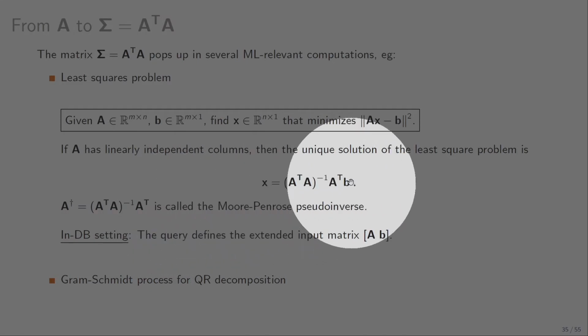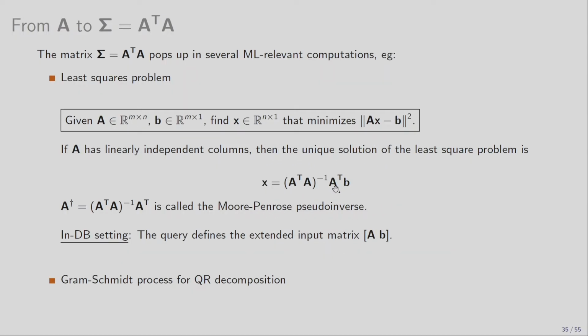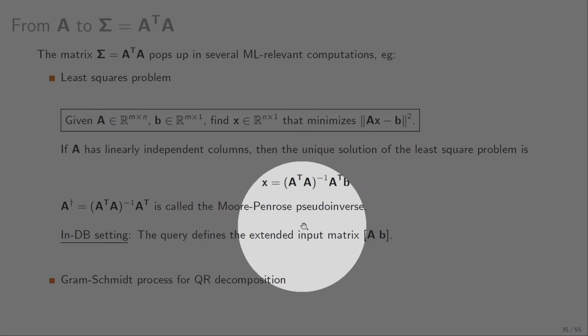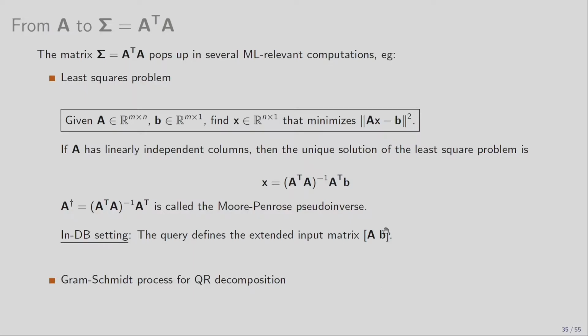And A transpose, if you multiply it by B, will give you back a vector whose dimension is n, the number of features, or the number of variables in the query. So in the in-database setting, this query defines the extended input matrix. You get both A and B as part of the input.